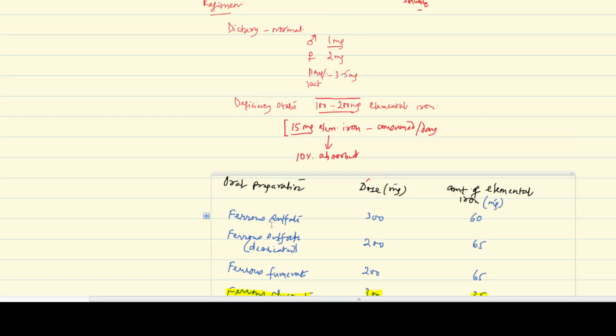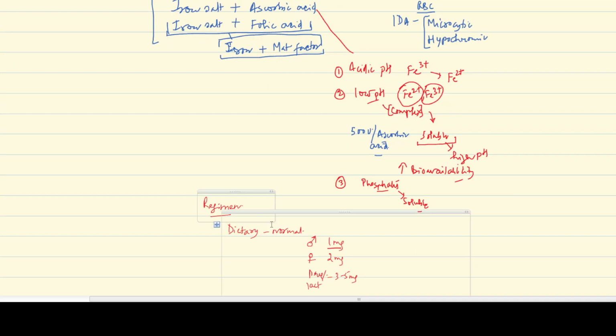So we talked about acidity, about phosphate being soluble. In the absorption process, we have to remember that at low pH there is maximum solubility of the iron salt.